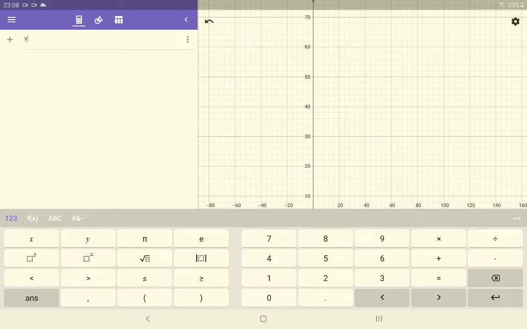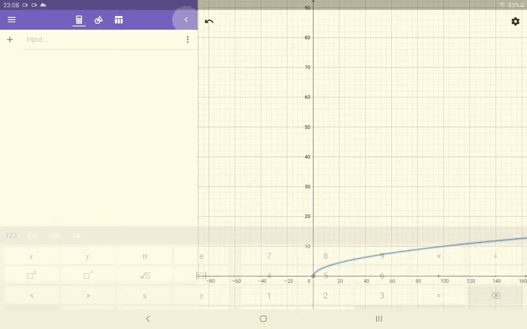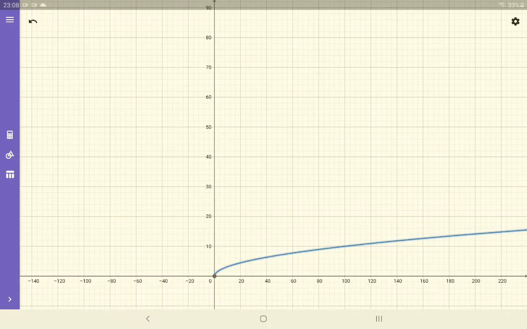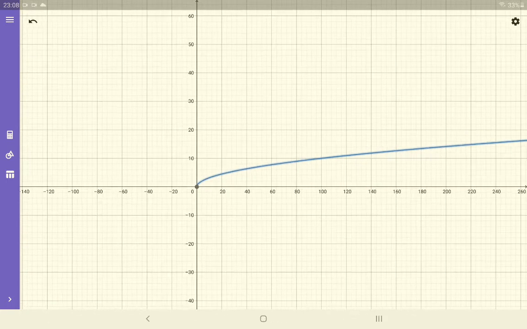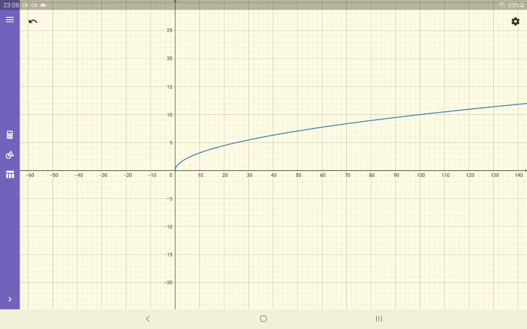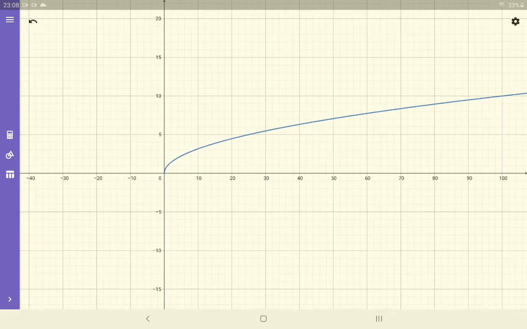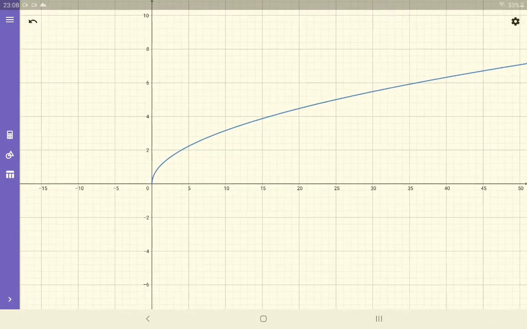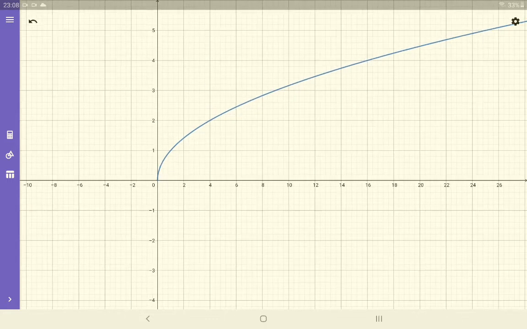If y is equal to the square root of any function, suppose the square root of x, see the graphical structure of this. It looks like this. This is the graphical structure of the square root function on the xy plane.